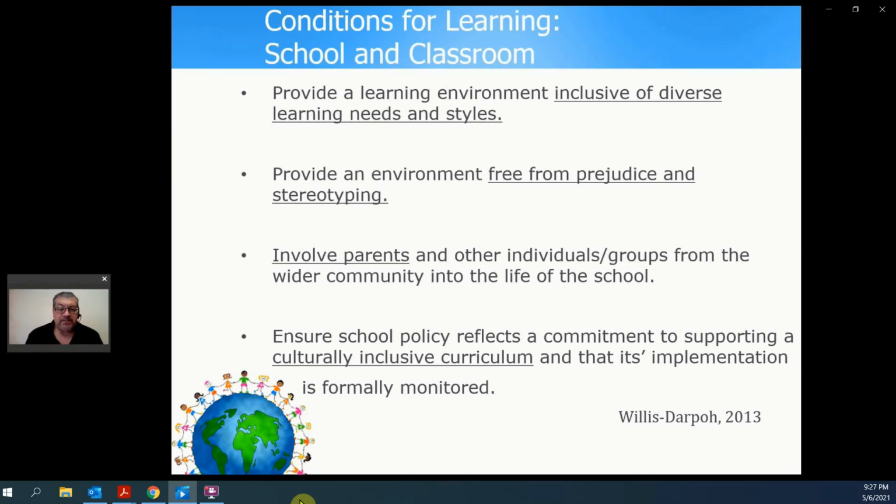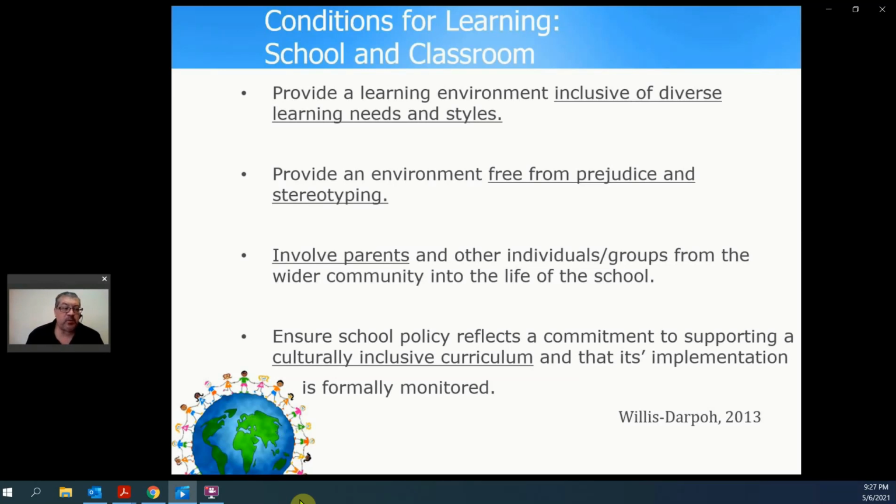Involve parents and other individual groups from the wider community into the life of the school. We have a very engaged community, and that's one of the benefits. It's a tight-knit culture. Ensure school policy reflects a commitment to supporting a culturally inclusive curriculum and that its implementation is formally monitored. I think that's very, very important.